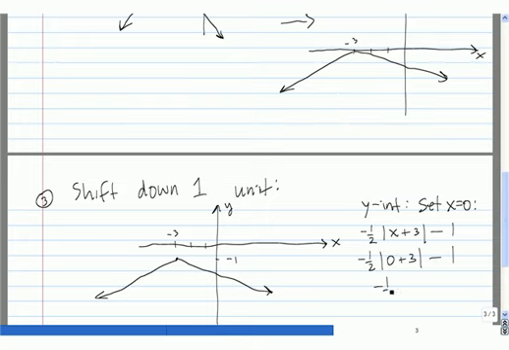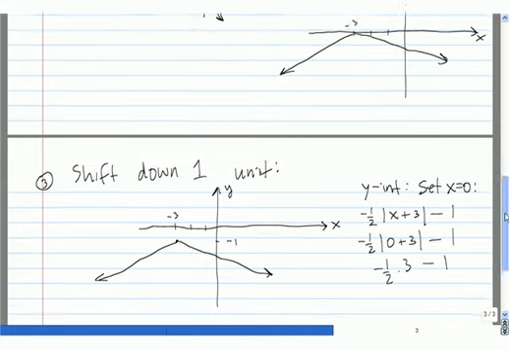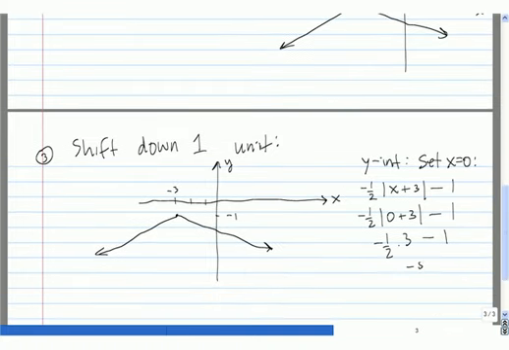So it's equal to -1/2 times 3 minus 1, which is -3/2 minus 1. So -3/2 minus 2/2, which is -5/2, which is -2.5. So this coordinate right here, although it doesn't look to scale, is -5/2.